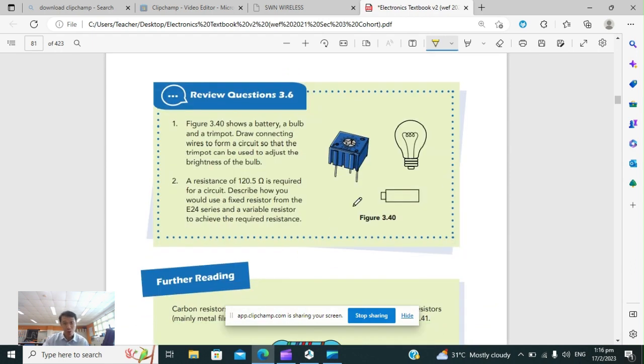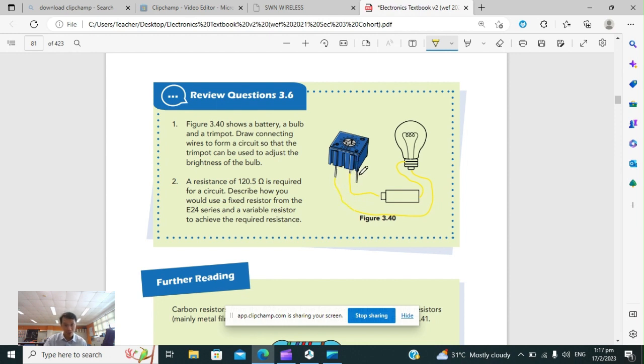so if you look at this review question, I'm going to do a drawing for you. So always remember, I want to connect my wiper, the middle one. Okay, so figure one, draw the connection. So first of all, make sure that I draw the wiper. Okay, and this is going to go to the bulb, and then from the bulb, it is going to go back to this.